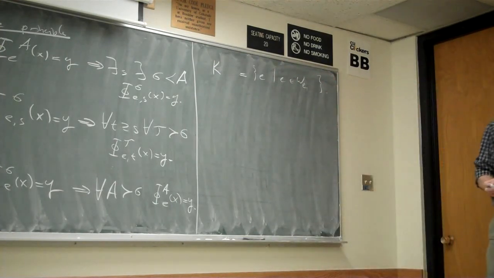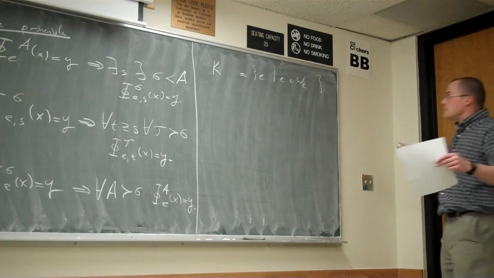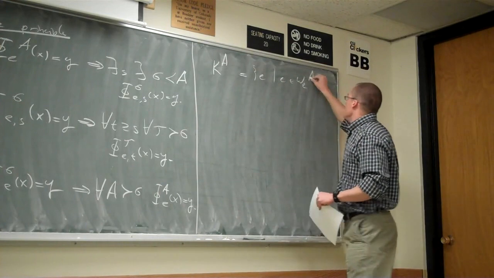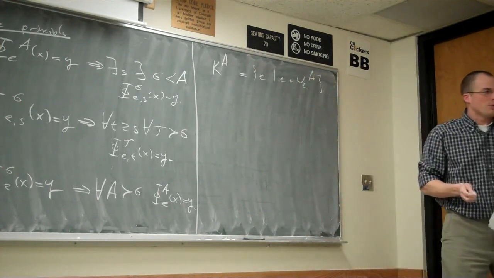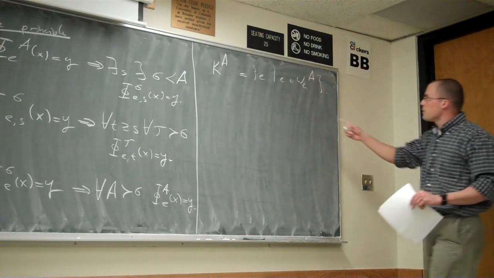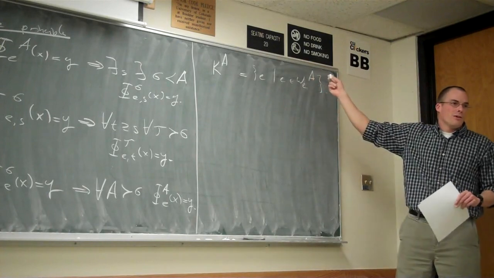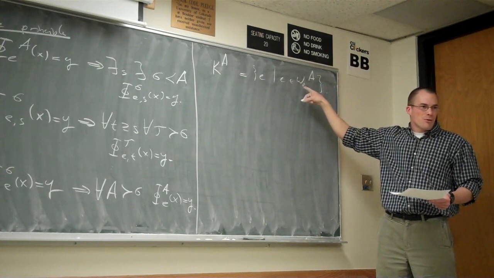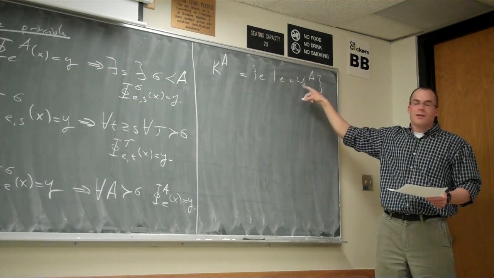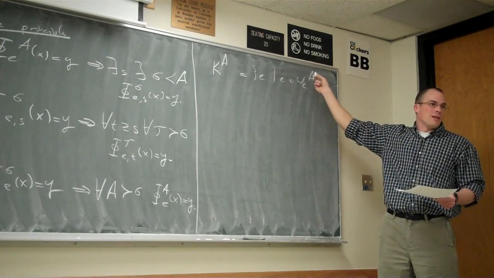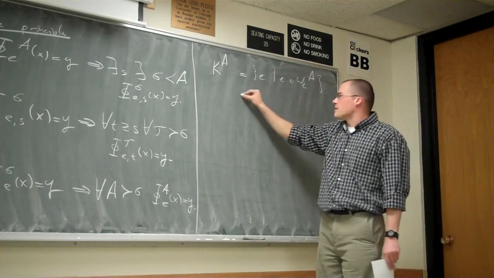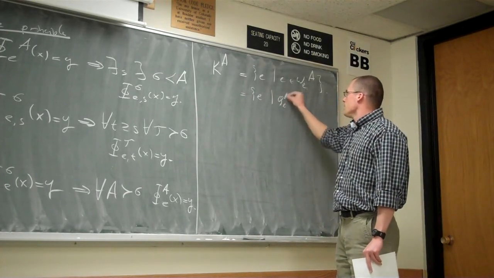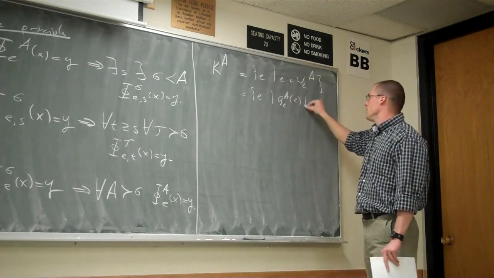This was the halting problem set. This is the relativized halting problem set. And W_e^A, of course, means that this is the domain of the e-th oracle Turing machine using oracle A. So this is the same set as e such that phi_e^A(e) halts.